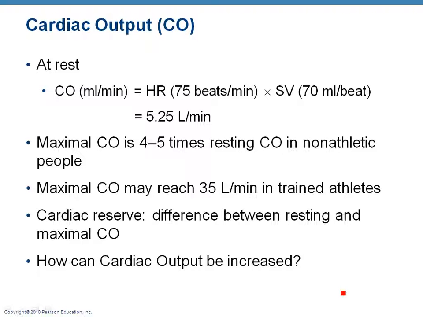Now, interestingly, every minute your heart is pumping 5.25 liters of blood out of the ventricles. That's about the same volume of blood that's present in an average adult. So every minute, all of the blood in your body is passing through your heart one time if you are at rest. So that's pretty amazing to think about.